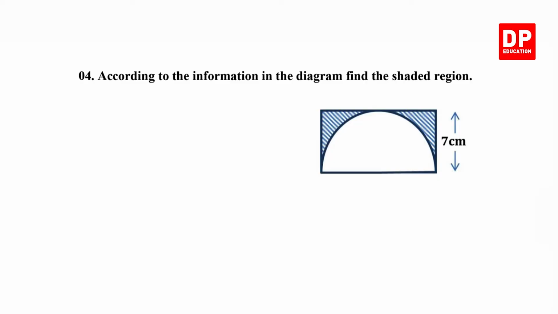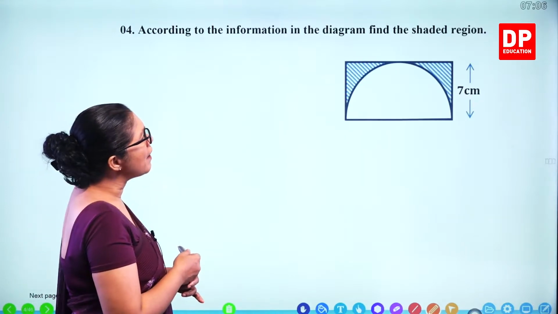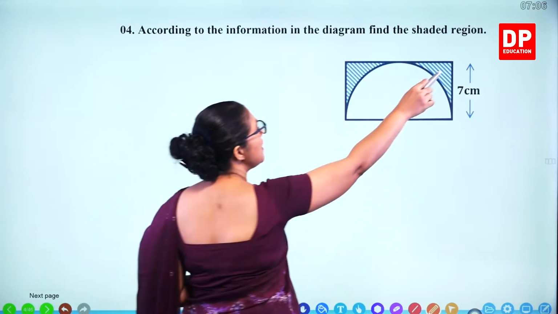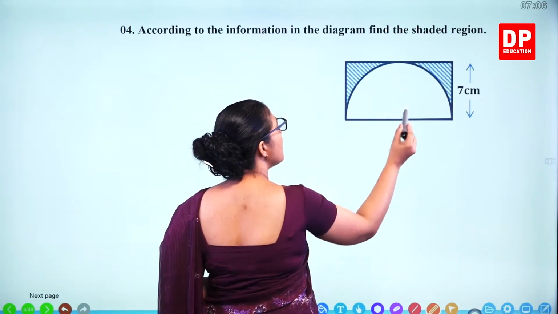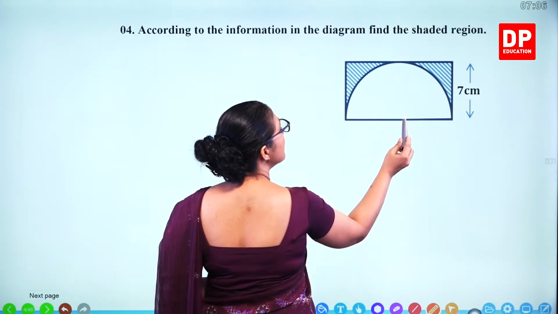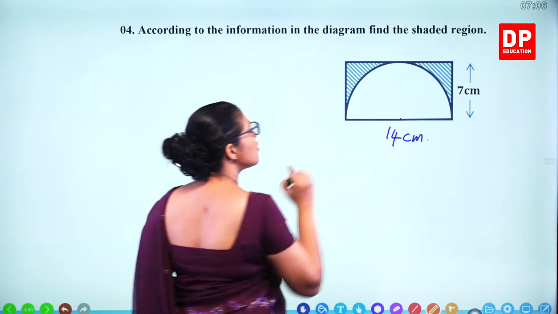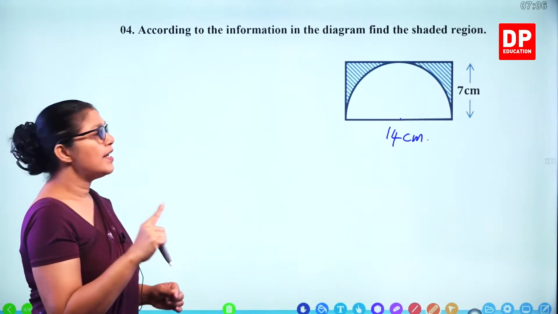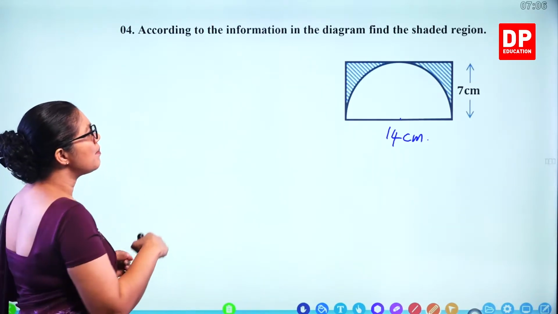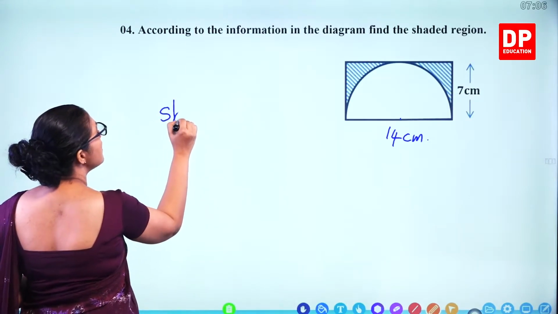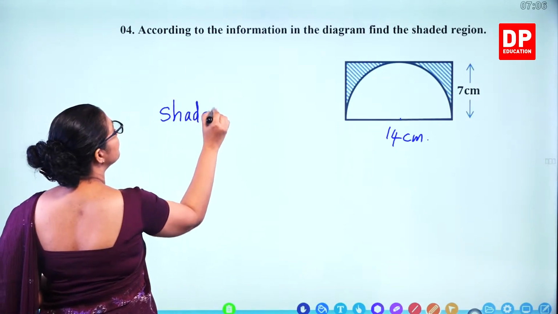Question number 4. According to the information in the diagram, find the shaded region. This side is 7, which means the radius is 7. So this length is the diameter, 14 centimeters. How do we find the shaded region? Area of the rectangle minus the area of the semicircle.